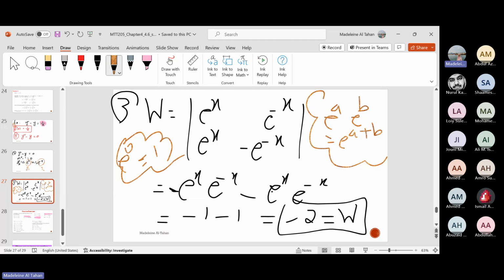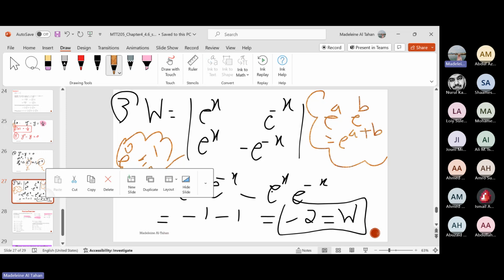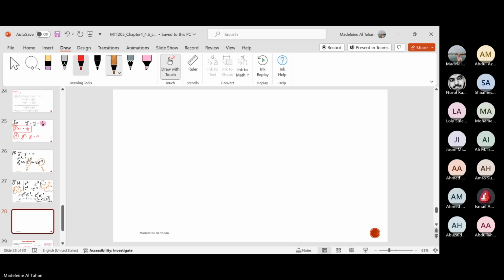Please, if you are taking notes, I will keep the slide for 1 minute. Now, this is W. We need to find W1 and W2. For W1, we put 0, f of x.